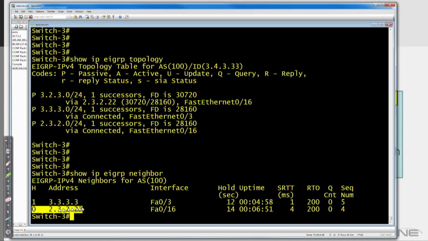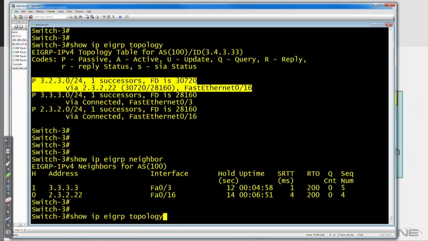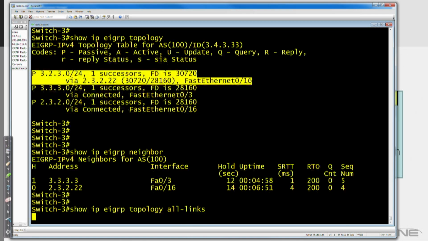So where's the route from switch 2? The reality is I made that delay so horrible that when switch 2 advertised it, this device said, well, take a look at this. Show IP EIGRP topology all-links.